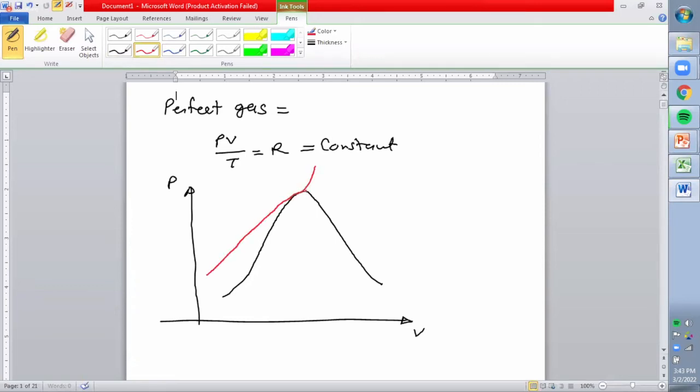This is a temperature-volume diagram, and this temperature we call the critical temperature.